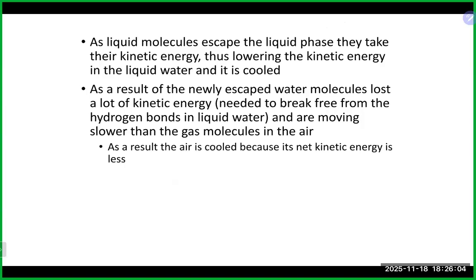So as the liquid molecules escape the liquid, they take their kinetic energy with them. And the result of that is the liquid actually is cooled. When they're finally able to get to the surface and go from the liquid phase to the gas phase, they needed a lot of energy to do that, which means as they pop out into the air, they're actually moving a lot slower than air molecules.